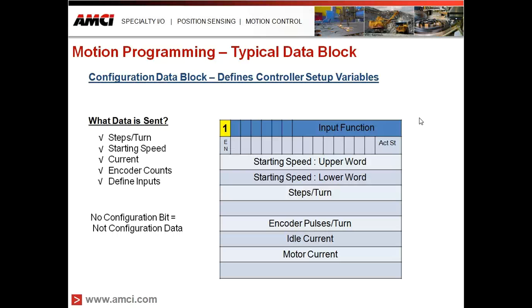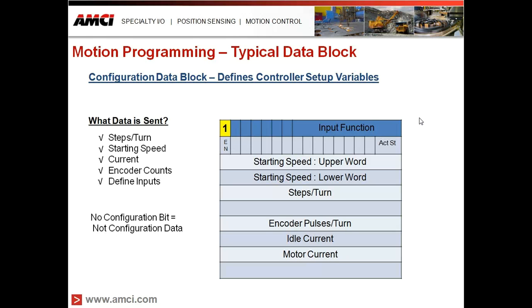And then these devices have external inputs. Those external inputs have many functions, and this is where you can define those inputs, whether it's an end limit function, a homing function, and so on. You would also define the active state of that input, whether it's active high or active low.